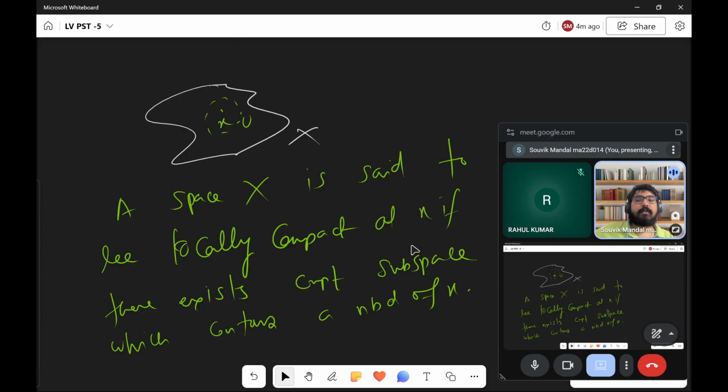A space is said to be locally compact at x if there is a compact subspace which contains a neighborhood of x.